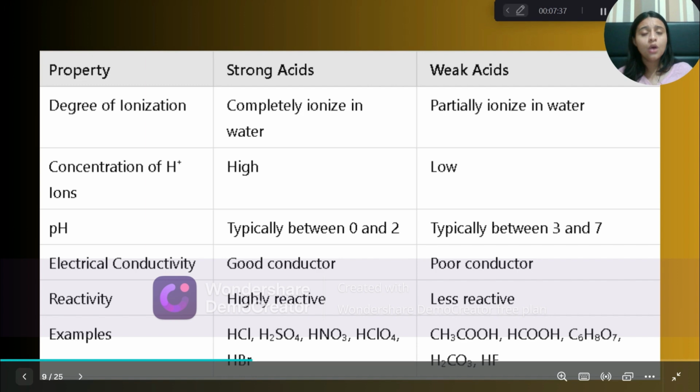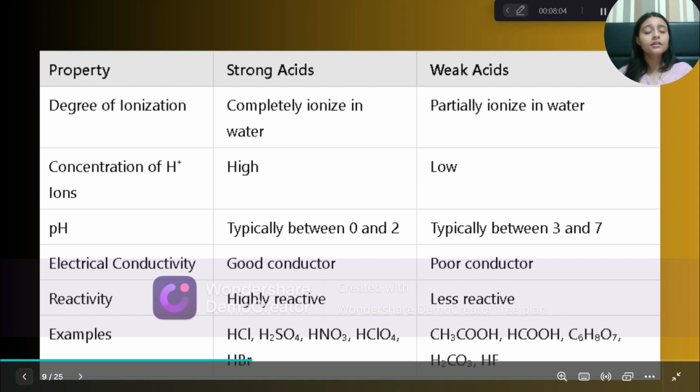The pH level. What do you mean by pH level? pH means the power of hydrogen. We will give you more information about pH in the next part, but for now you can understand that pH is a scale which refers to the power of hydrogen ions present in the acid. For strong acids it typically goes between 0 and 2, and for weak acids it is between 3 and 7.